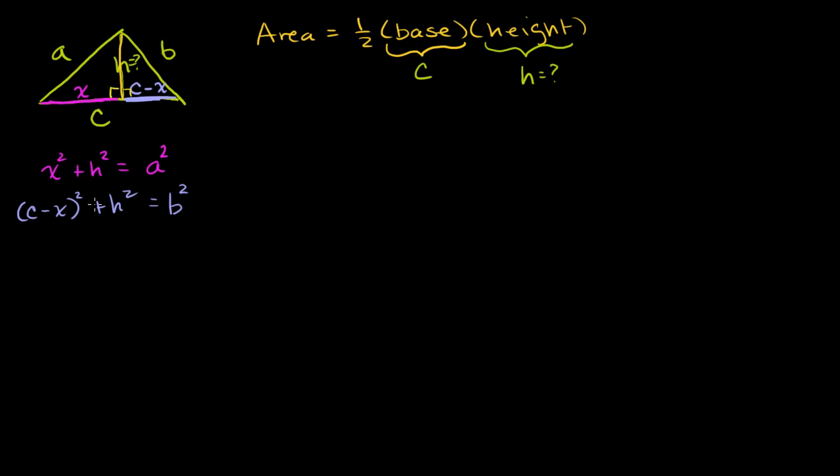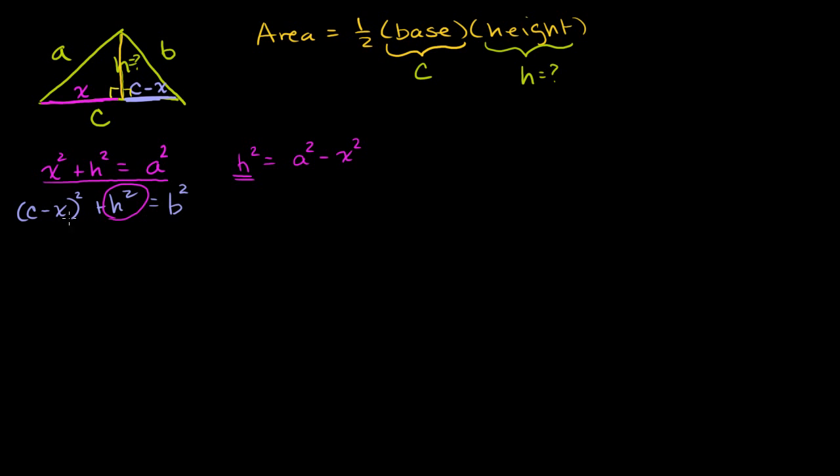Well, let's substitute for h to figure out x. And when I say that, I mean let's solve for h squared here. If we solve for h squared here, we just subtract x squared from both sides. We can write that h squared is equal to a squared minus x squared. And then we could take this information and substitute it over here for h squared.